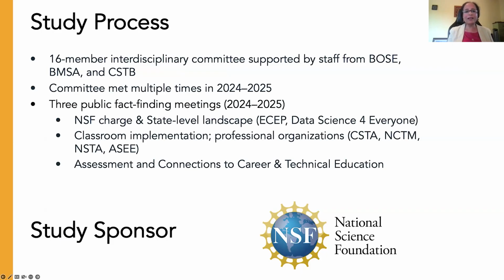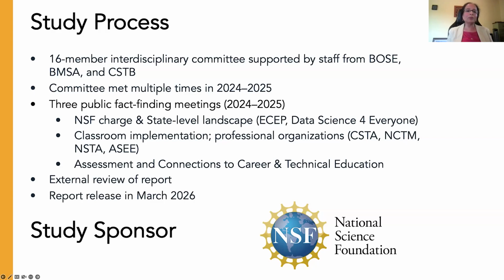There were 3 public fact-finding meetings over that time, including state-level landscape from various representatives in the community, from DS4E, ESEP, etc. Professional organizations and classroom implementation examples were presented. And then there were meetings around assessment and connections to career and technical education. There was finally an external review of the report leading up to the report release in March 2026.